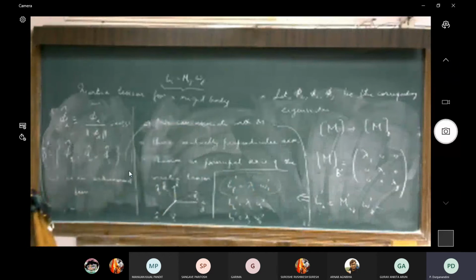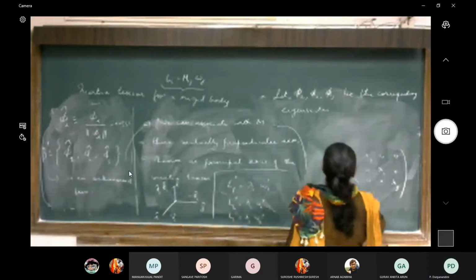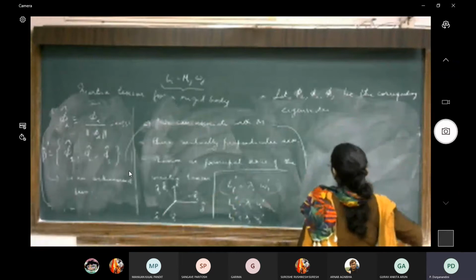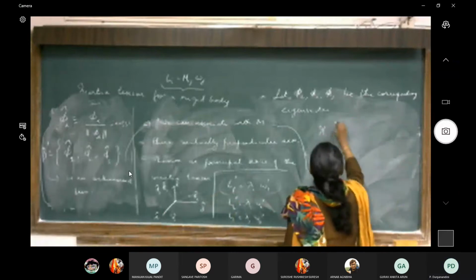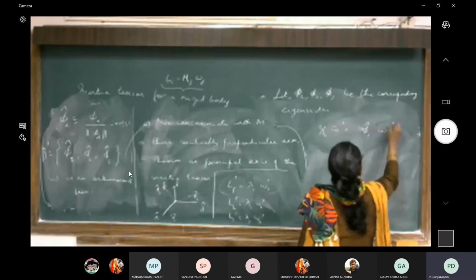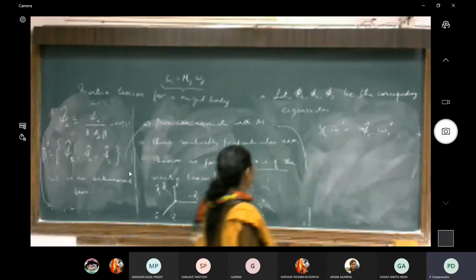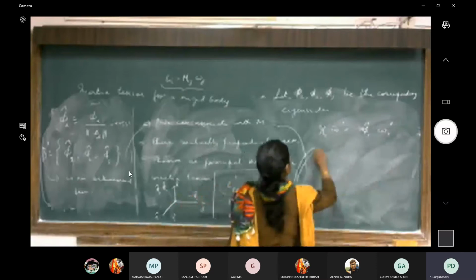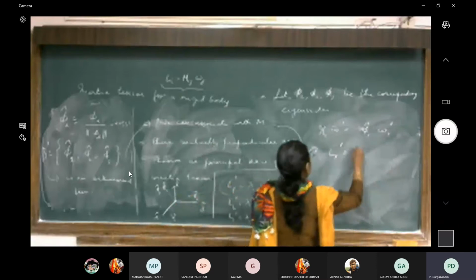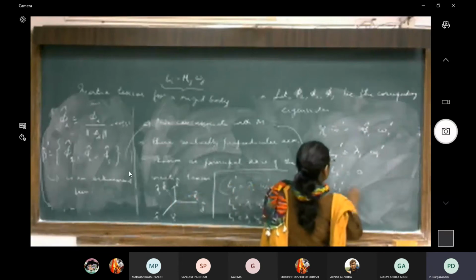That means if I rotate my body about one of the principal axes, so if my omega prime is simply equal to phi 1 cap omega 1, then L1 prime is simply equal to lambda 1 omega 1, and L2 prime is 0, L3 prime is 0.